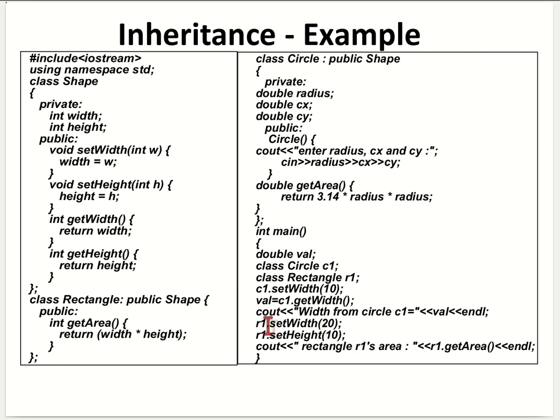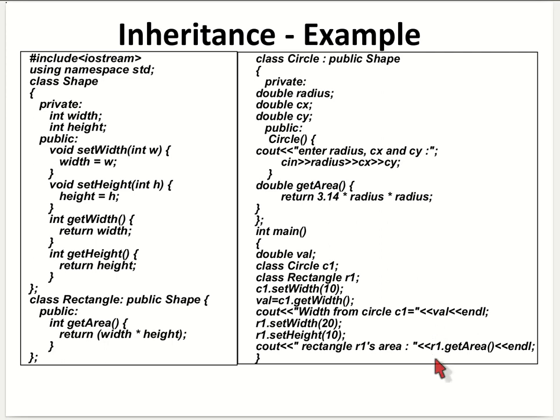And here we can see rectangle R1, with R1 set width and set height. The set width and set height are done here, and whenever it uses width and height, it is using the inherited width and height. So set width of 20, set height of 10, then what will be the output?